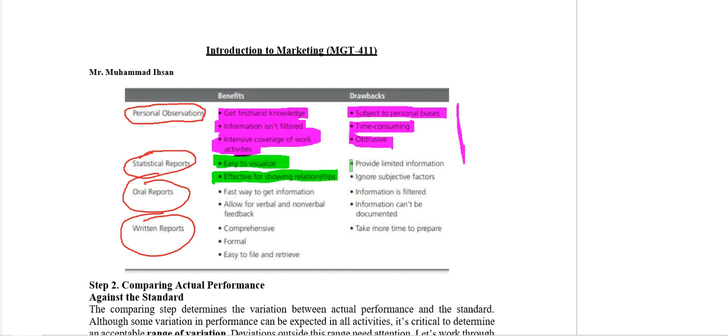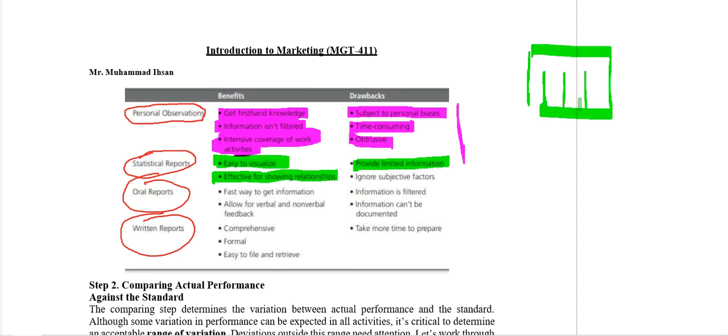And the drawbacks are: number one, it provides limited information. We only get the information which is provided to us in the form of a chart, or a diagram, or a report, so we do not have the backend information. Number two, it ignores subjective matter. Here we just focus on the reports, we ignore the subject matter.